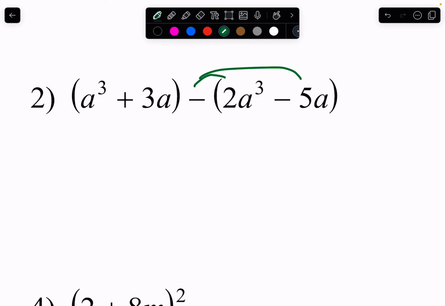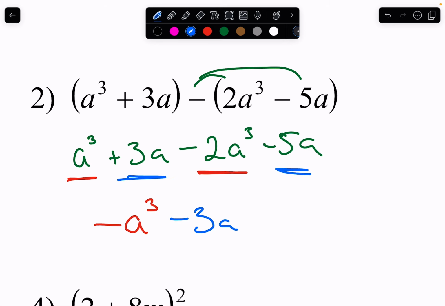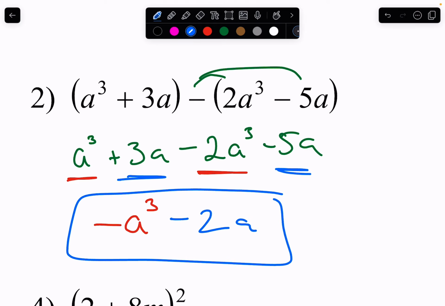So your first one's going to stay the exact same. Then we distribute the negative. And then we just combine our like terms. These guys are like terms here. We get minus a cubed. These guys are like terms here. We get minus 2a. And that would be our answer there.